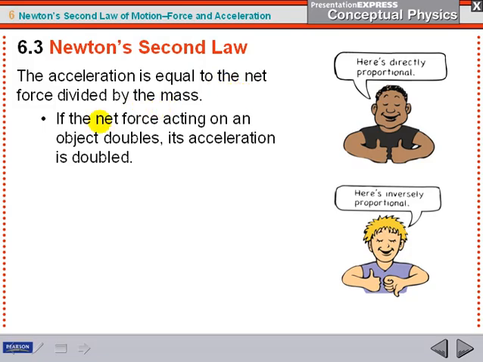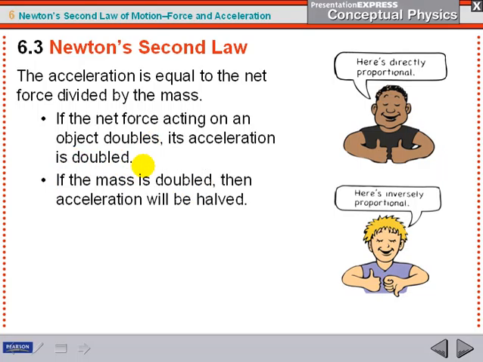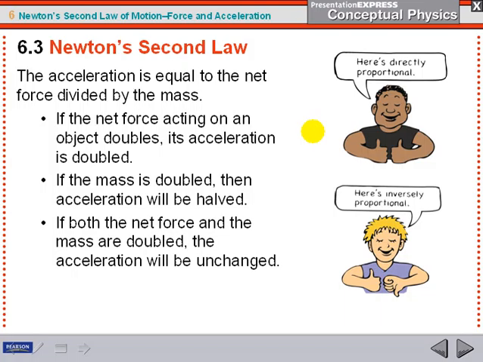So if the net force on an object is doubled, then its acceleration is going to be doubled. That's directly proportional. If the mass is doubled, then the acceleration would be halved. That's inversely proportional. And if both the net force and the mass are doubled, then the acceleration is going to be unchanged. And we can show that real quickly here.